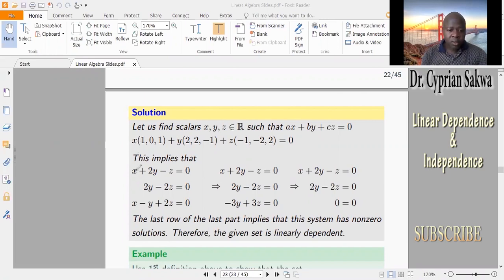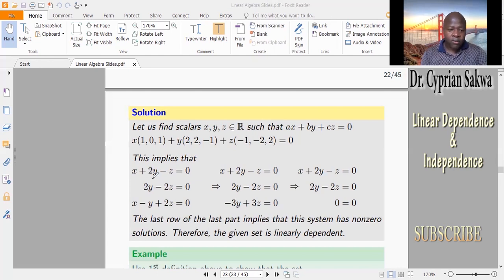So this will be x plus 2y minus z equals 0. Then this will be 0 plus 2y minus 2z equals 0. And then lastly, I would have x minus z plus 2z equals 0.